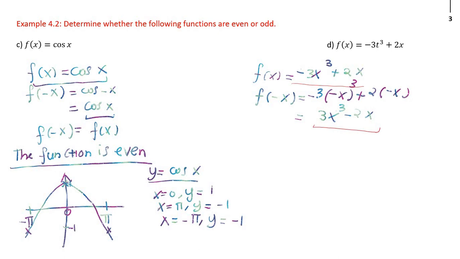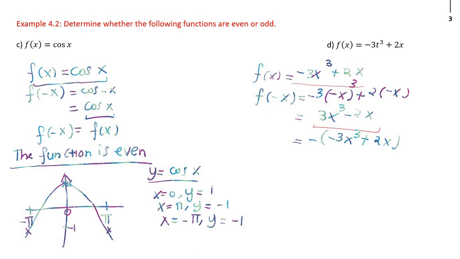So we try to prove that it is an odd function. I put negative outside, and then plus 2x.